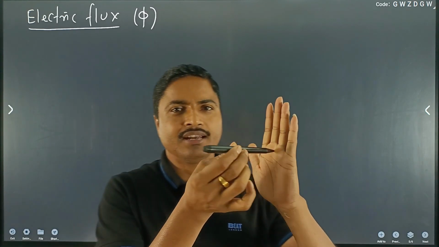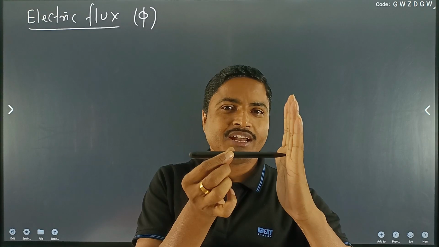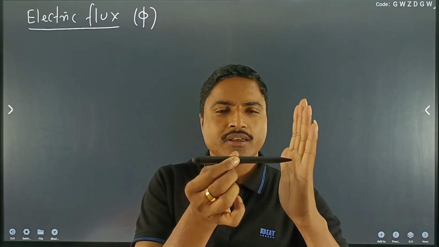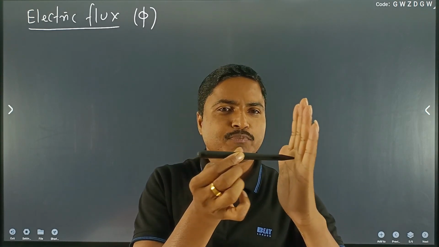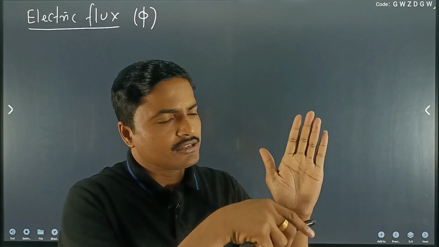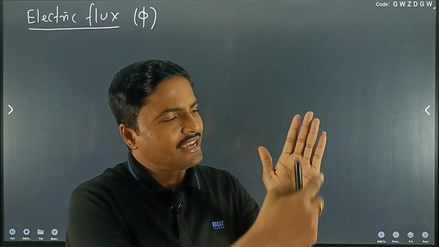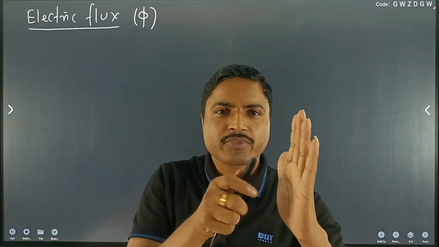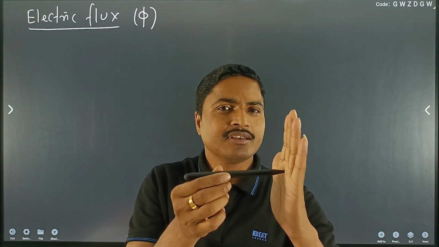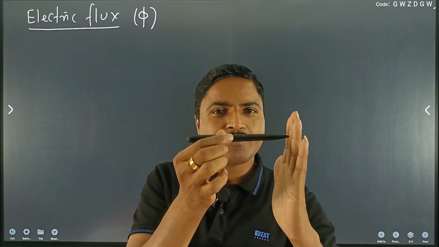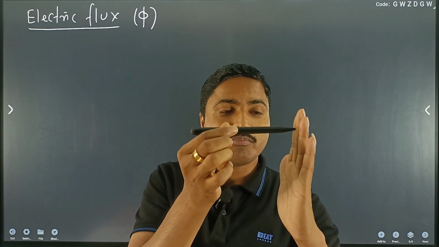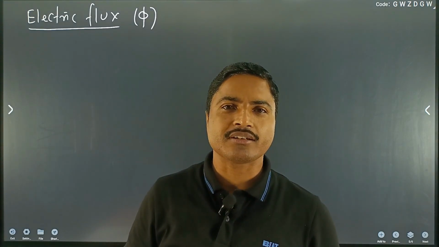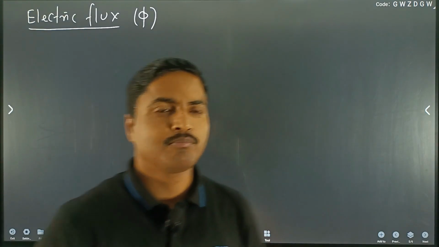And suppose electric field lines are perpendicular to the plane area or plane surface, or this is a small area element. Electric field lines are perpendicular to the small area element, then the number of field lines crossing through this small area element is known as electric flux.